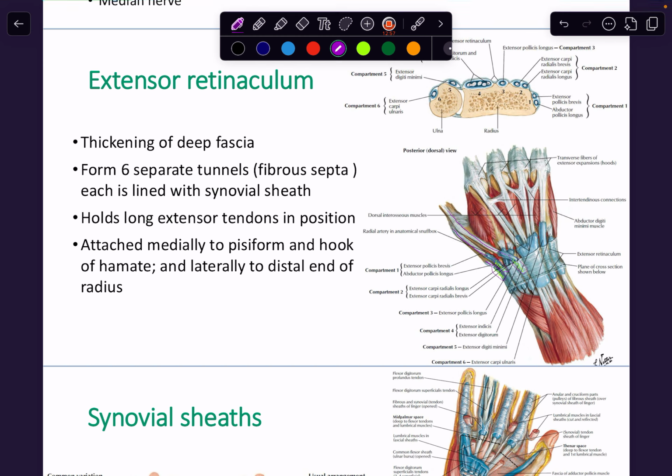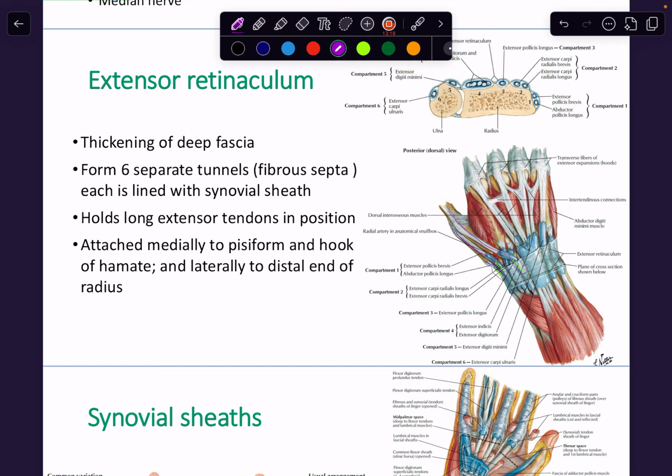These 2 cousins come together from the very beginning: extensor carpi radialis longus and extensor carpi radialis brevis. In this cut section, these 2 cousins fall in the second compartment.